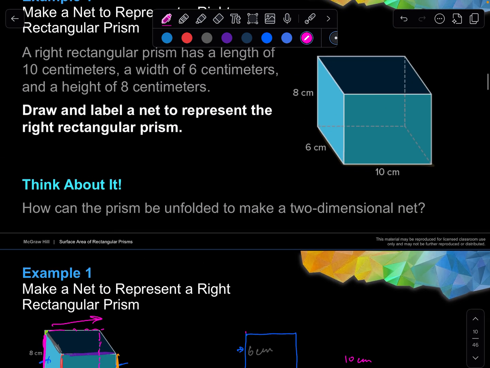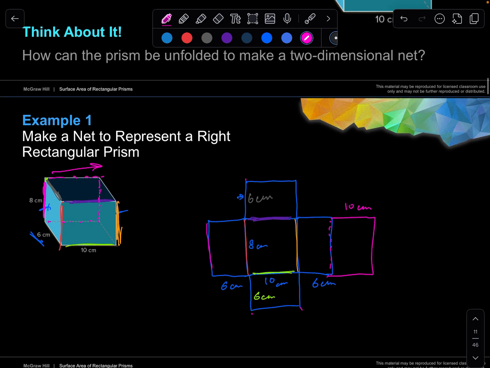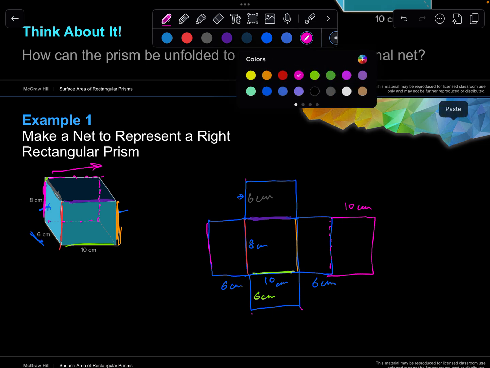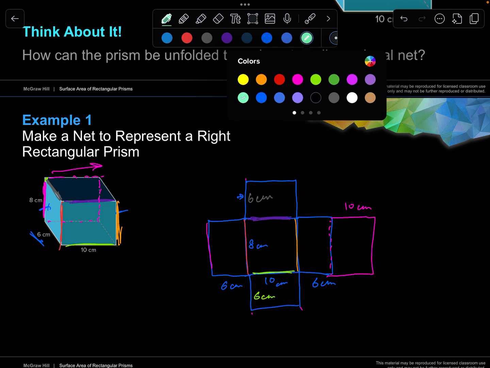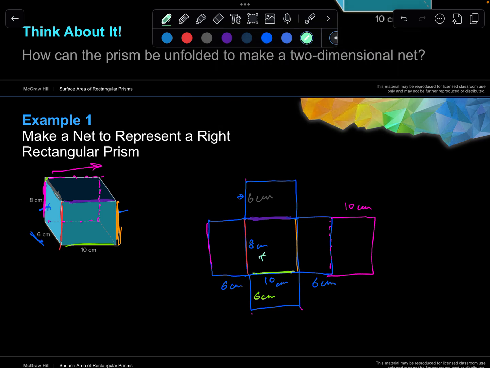So that right there, I've done draw and label a net to represent the right rectangular prism. I'm going to label it with the dimensions. Now again, let's label which faces are being represented. This is my front. I can say this is the left side.